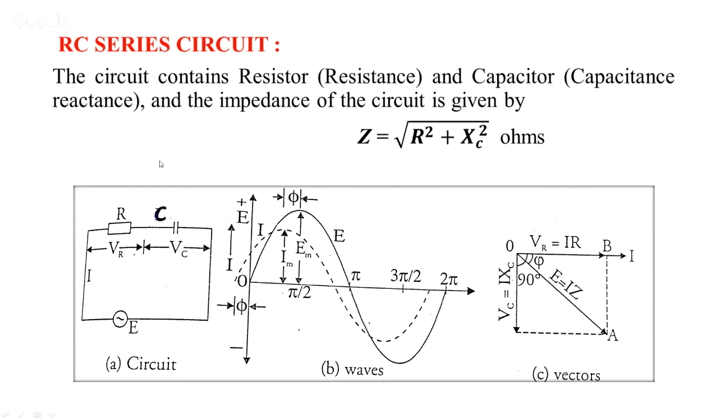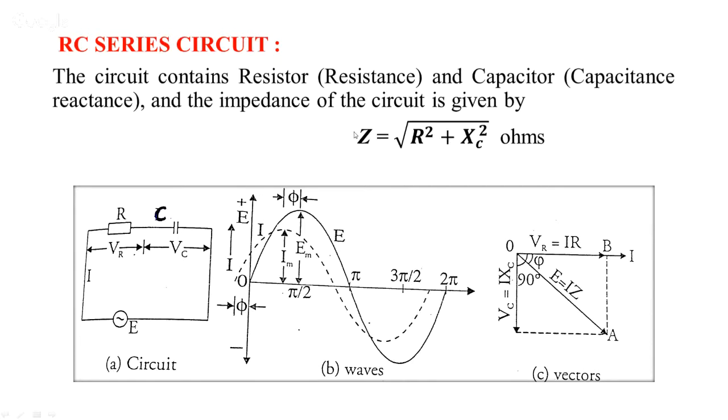Next, we'll study an RC series circuit. The circuit contains a resistor and a capacitor which is connected in series. So you can observe here, this is a resistor and there is a capacitor which is connected in series.